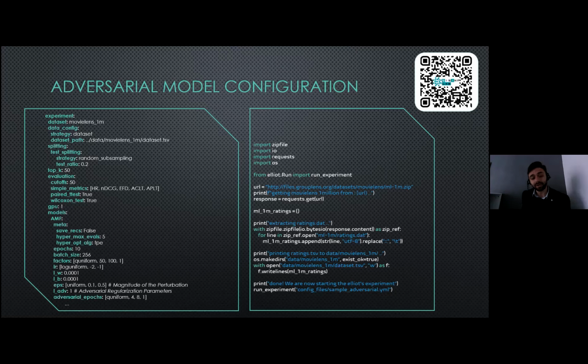And in the second file that you can see here on the right, we have the running file, which automatically downloads MovieLens 1M. It creates the strategy, the split, and saves it directly in the directory that is used during the experiment. So simply running the second file with the python sample_adversarial.py command, you can have the execution of the full experiment, and at the same time it is fully reproducible.